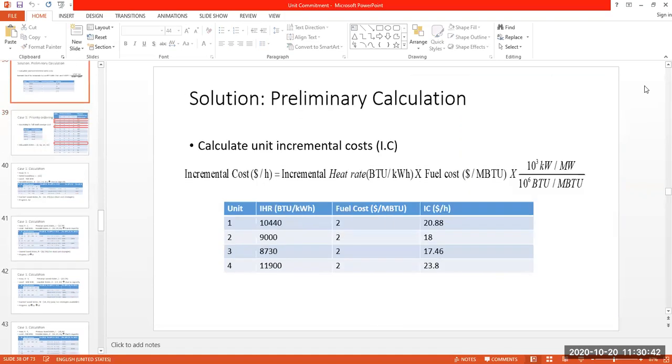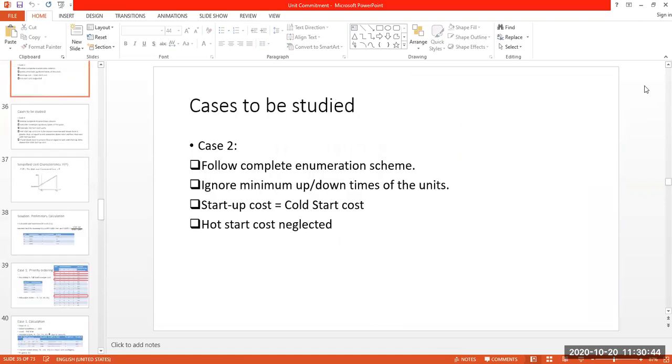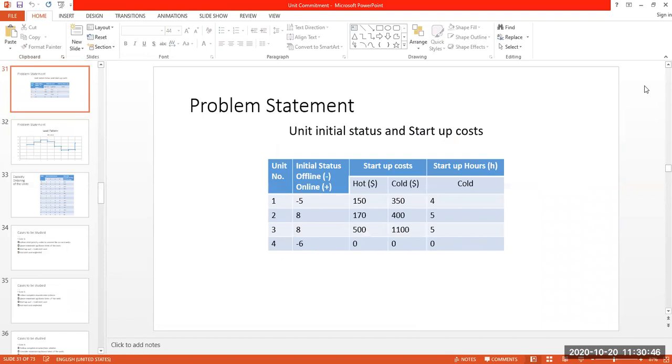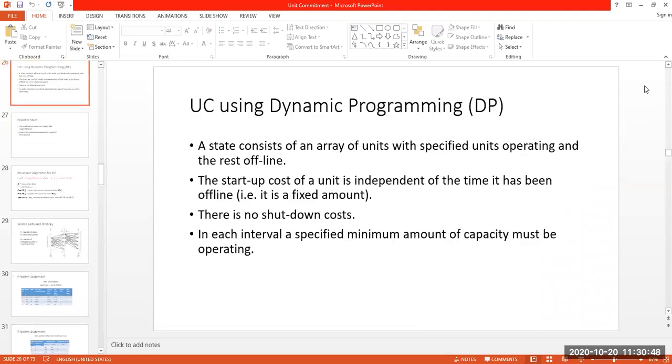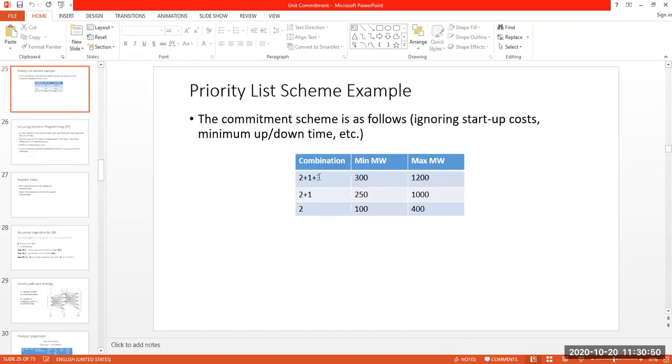If you remember the priority ordering shutdown, let us have a little look at that. What we did, we simply chose units one after another. So let's say this was the example for shutting down the units.